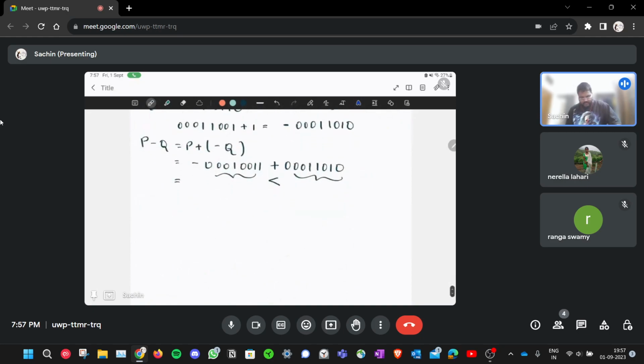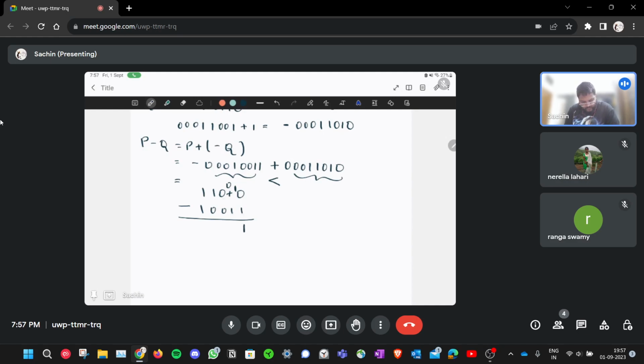Let's verify it by doing the subtraction anyway. So 11010 minus 10011, how would you do it? 0 minus 1, you have to borrow 1 from this number. This will become 0, this will become 10. 10 minus 1 is 1.